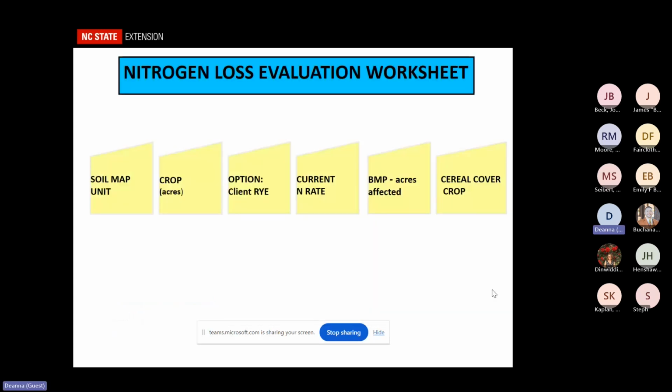And I'm going to go through this real quick, but these are the factors that you need to run NLU. You need to know the soil map unit. So you take a field and you figure out the predominant soil map unit. You need to know the crop, and of course you would know the crop. You need to know how much nitrogen is being applied by the producer, and then you need to know which BMPs are being used, including if cereal cover crops are being used.